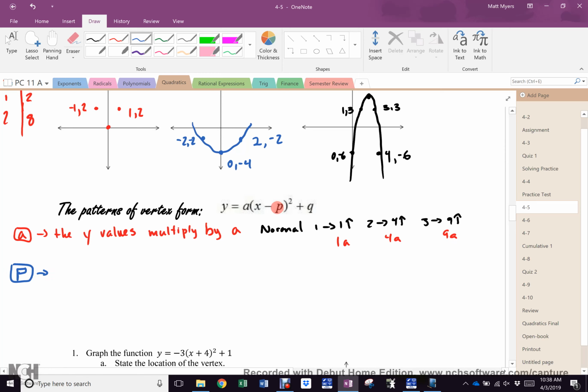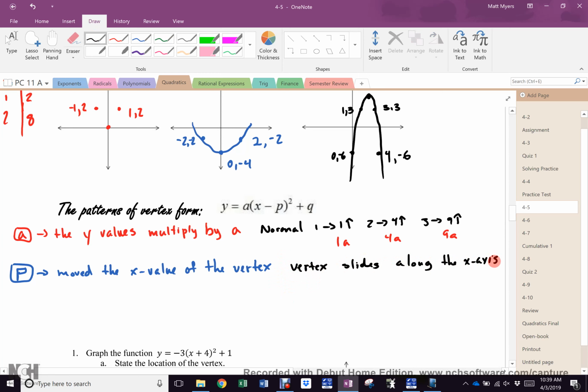What did P do? It moved what? The x value of the vertex. It means the vertex slides along the x-axis.